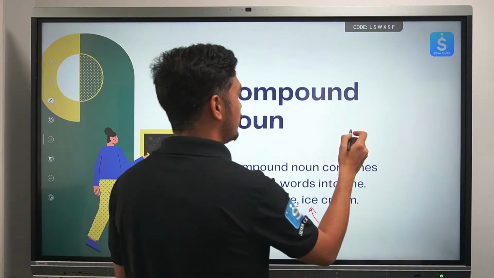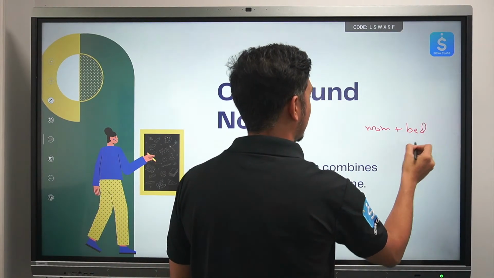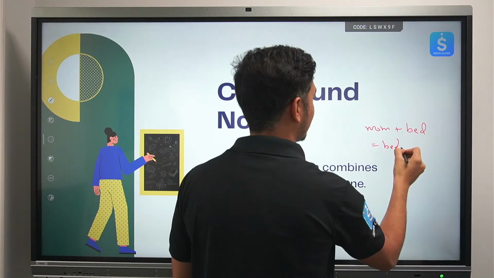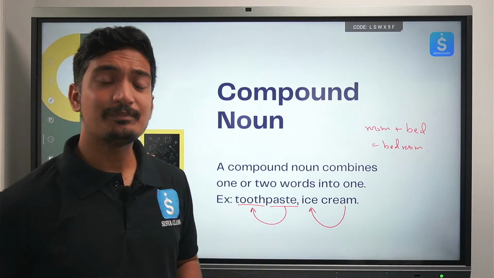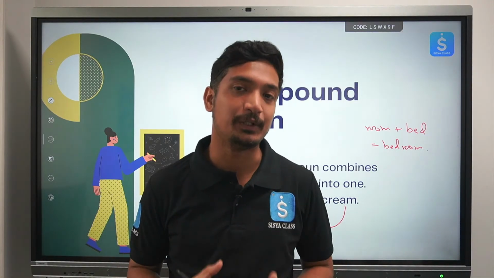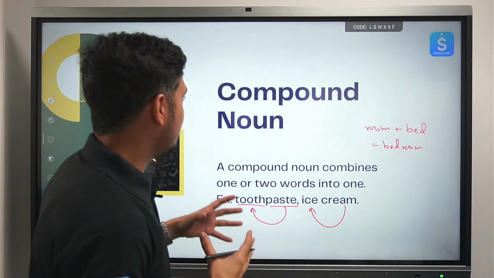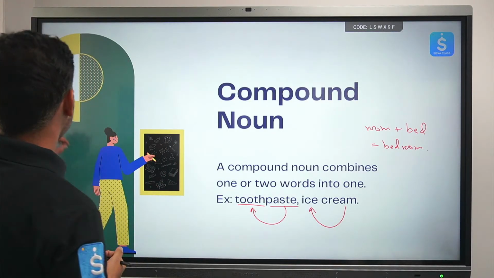And the room that we have our bed in, so that is bedroom, right? So these are examples where you compound two words together to form a completely new word, right? So these kinds of nouns will be considered as compound nouns.